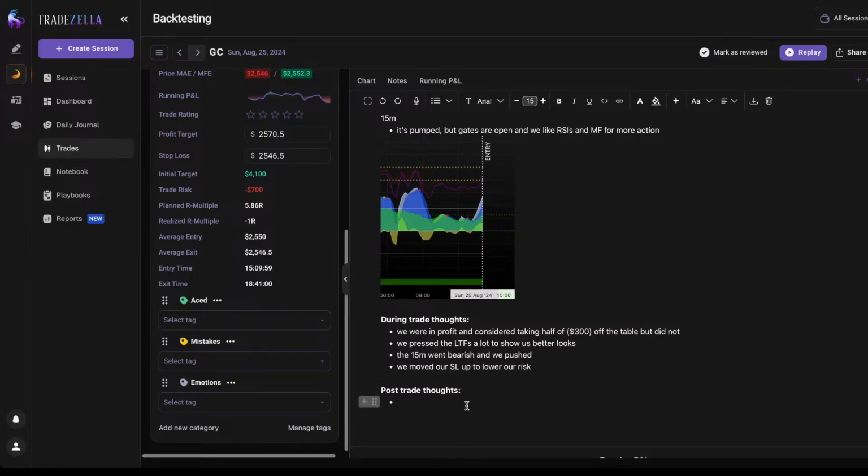Post-trade thoughts. Definitely hindsight. Should trust instinct to exit trade. We thought to take profit, so we must do that. It's never really a bad idea to take profit.